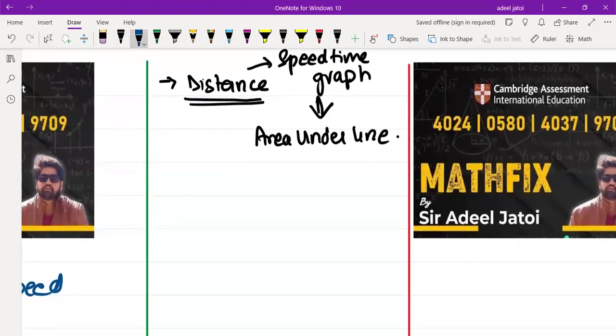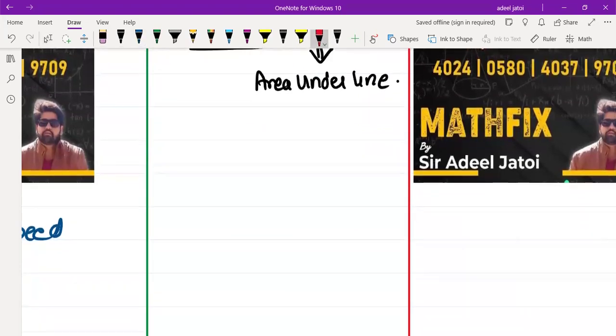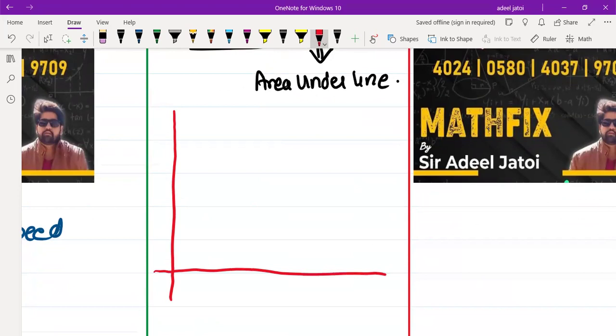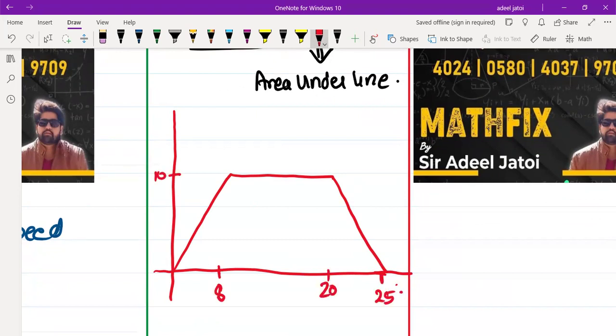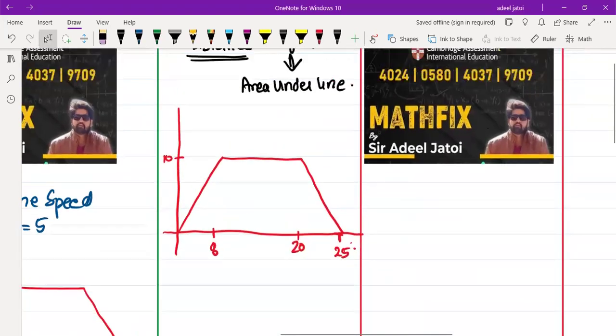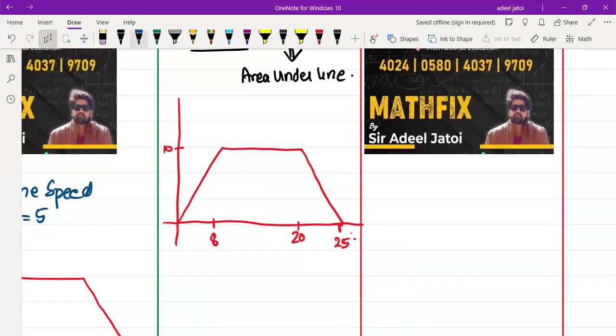Anyway, working out the distance on the speed time graph, let's say we have the graph again, and the graph goes like this. We are just maintaining the same graph. So this was 8, this was 10, 20, and 25. If I want to find the area under the line, I can calculate it through different shapes.